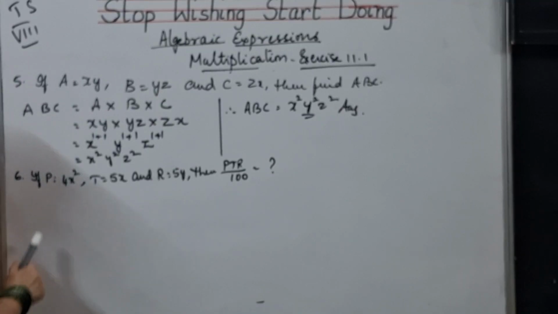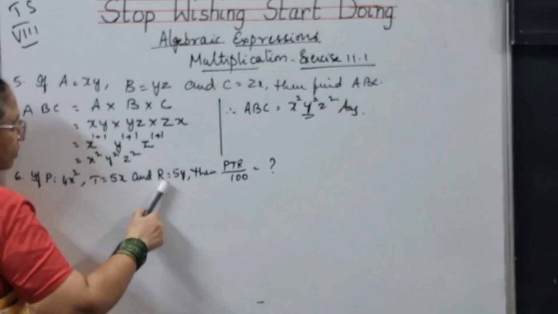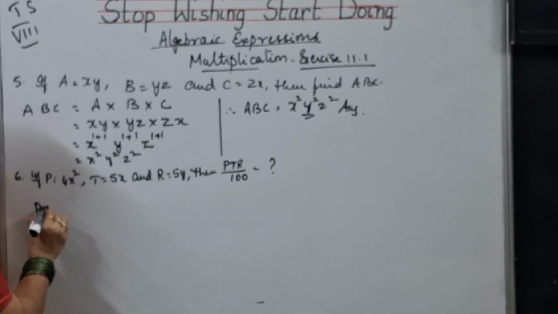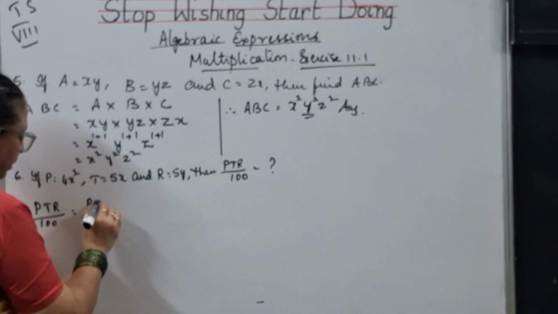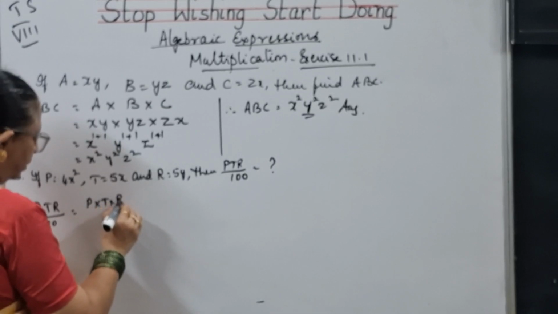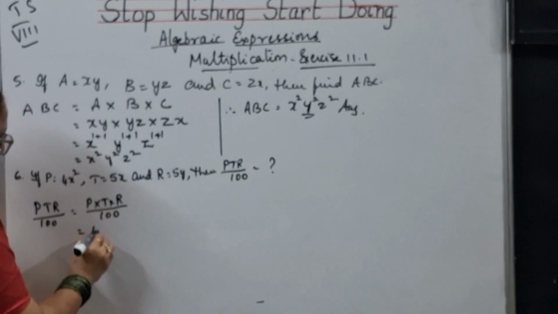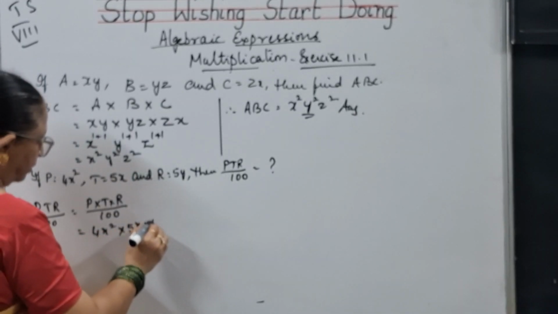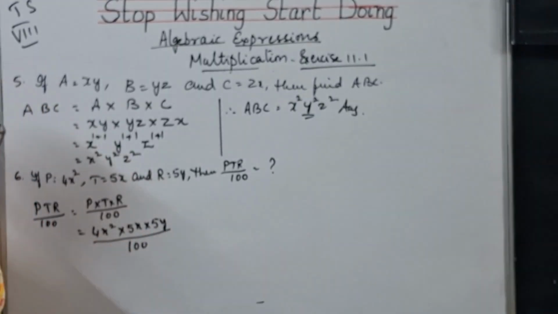Next, the sixth problem. If p is equal to 4x square, t is equal to 5x, r is equal to 5y, then what is the value of ptr by 100? What do you mean by this? p into t into r by 100. This means p is 4x square into t is 5x into r is 5y by 100.